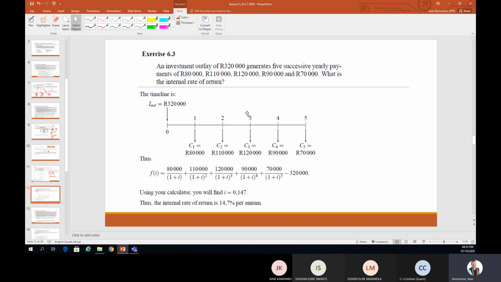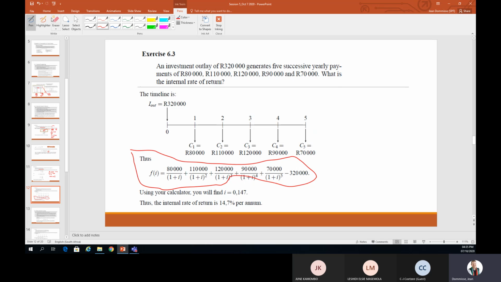So again, two ways of doing it. To use the normal present value, future value will not work, because you are getting different amounts of payments. So you can use the formula. No problem in using the formula.